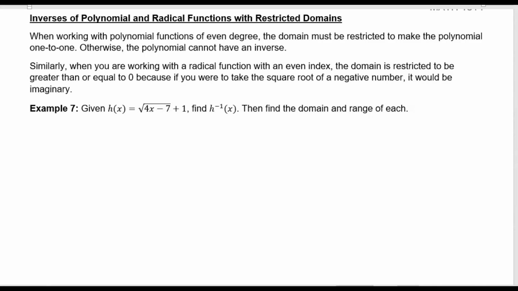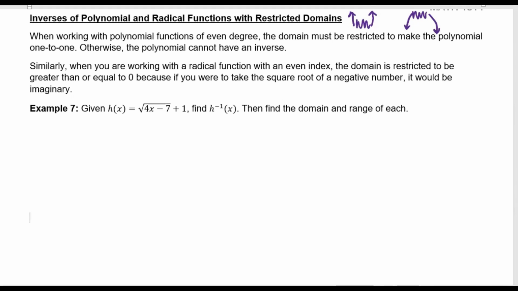Okay, so now we need to talk about inverses of polynomials and radical functions with restricted domains. Remember, when you have a polynomial with an even degree, it winds up going either up on both sides for the end behavior or down on both sides, because with them being even, the left and right sides both go the same way.